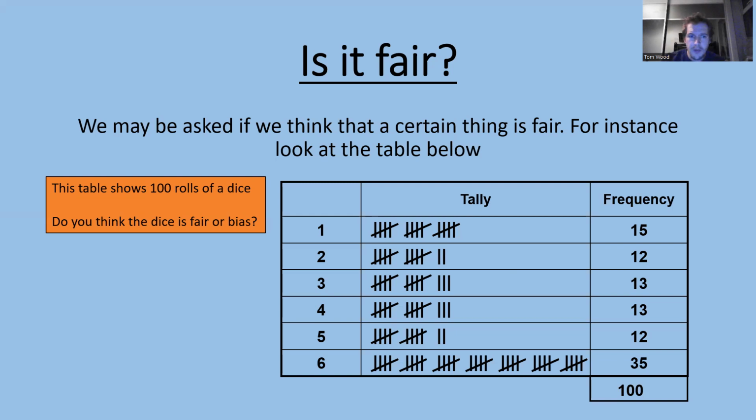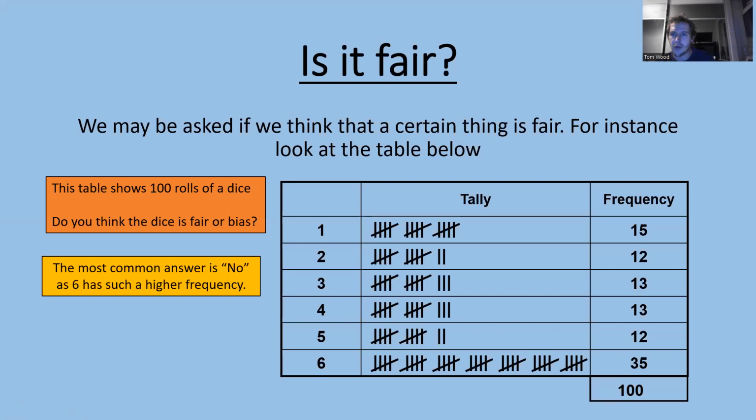The most common thing that is said is that this dice is not fair because 6 has too high a frequency. That's the most mathematical way you could word it. But you could say no, it's not fair because 6 appears a lot more than any other number.